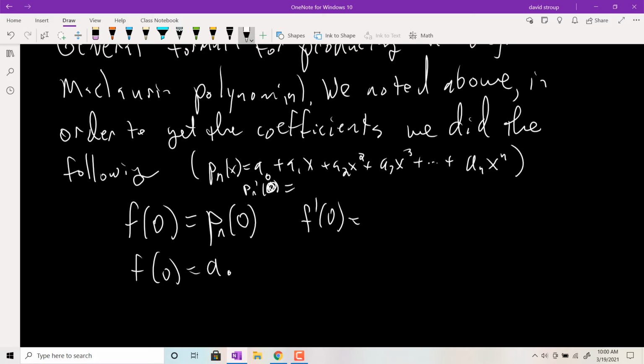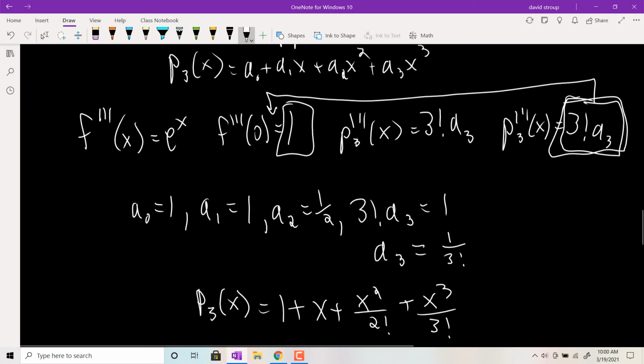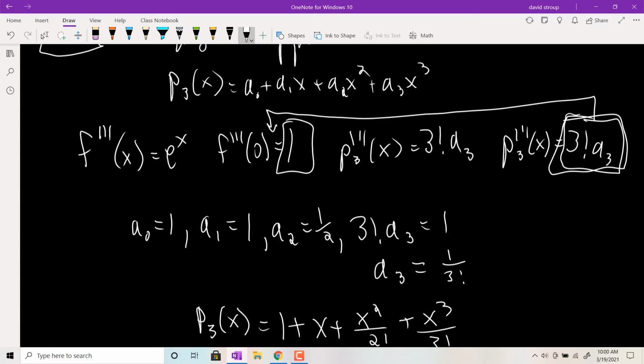When you put in 0, the only thing that survives is a sub 1. So f prime of 0 will equal a sub 1. And then f double prime of 0 follows the same way. These polynomials up here, when we were taking the derivative, were independent of whatever function we were using. It didn't really matter what function we were trying to approximate.